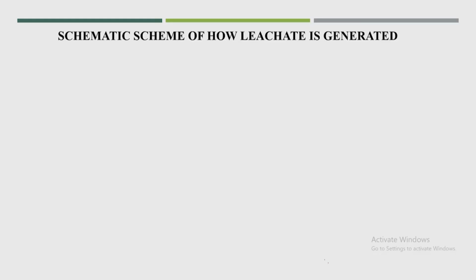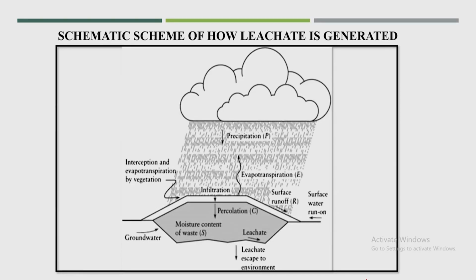Now, the schematic scheme of how the leachate is generated. I think this is a simple one. This is the precipitation, and because of precipitation, infiltration will be there, and parallelly some kind of evaporation will also be there, and the moisture content will also be available in the waste material. Because of that, the leachate is getting generated.